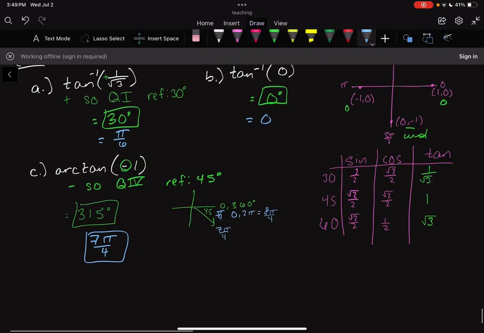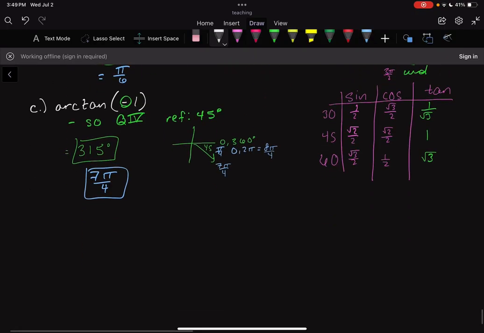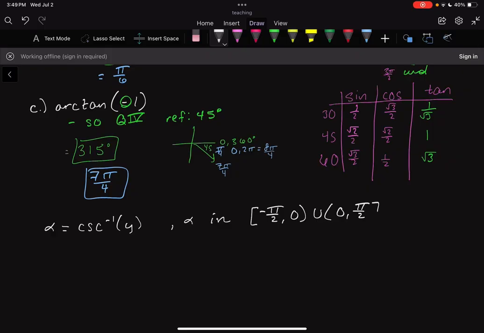I do want to also give you the intervals for the reciprocal functions. So let me write those for you. So for alpha equals cosecant inverse of some value, alpha is going to be in the interval negative pi over 2 to 0, union 0 to pi over 2.